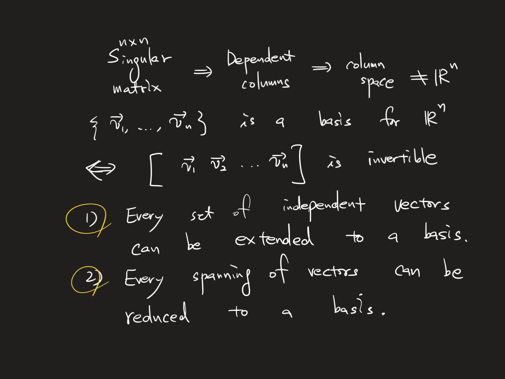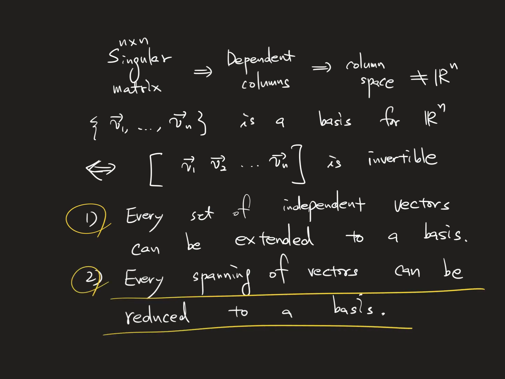And in case 2, we already have too many generators. Too many generators means the vectors are dependent, so to be independent, we have to reduce the number of vectors. This is an important theorem, but the proof is quite long, so I could not include that proof.